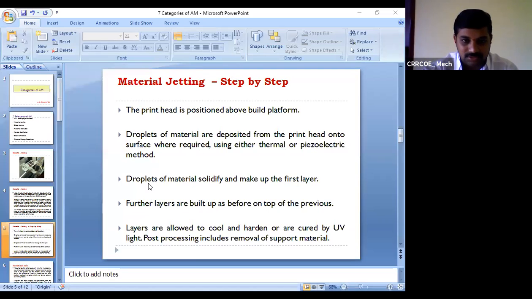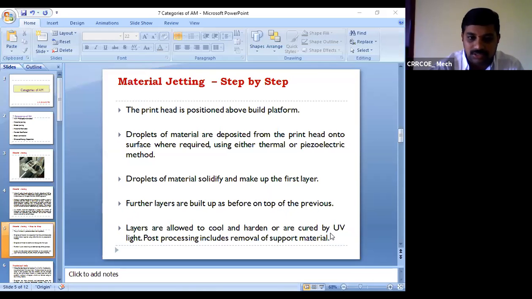So first some droplets will be deposited, after that the first layer will be produced. Further layers are built up in a similar manner on top of the previous. After one layer, it gets fused and hardened. Then the succeeding layers will be placed on the preceding layer.